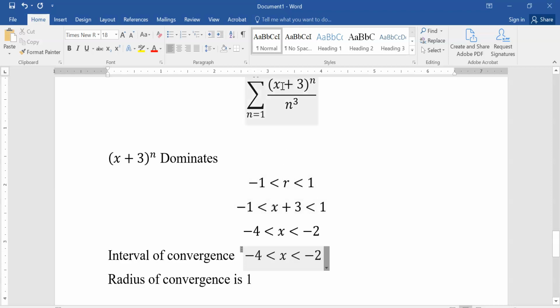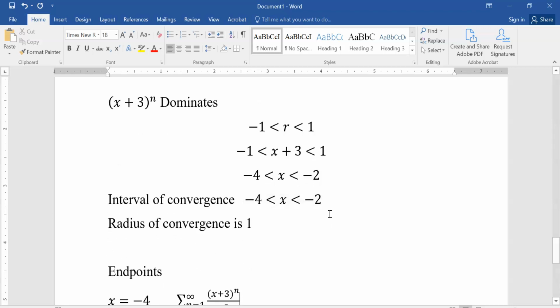By the way, x plus 3 means the power series is centered at -3, right? And so we're going to subtract 3 from all three sides. Subtract 3 from the left, you get -4. Subtract 3 from the middle, you get x. And subtract 3 from the right-hand side, you end up with -2.